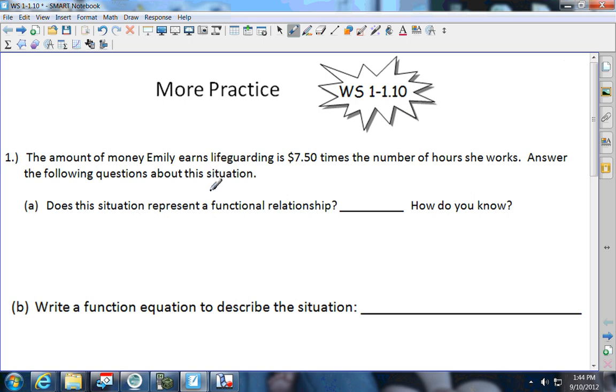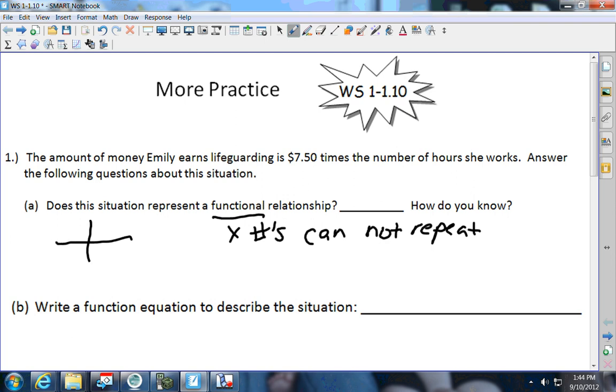Does a situation represent a functional relationship, and how do you know? Well, to be a function, your x numbers cannot repeat. So as I go here, and when you're talking about how much you're earning, x is going to be your number of hours.